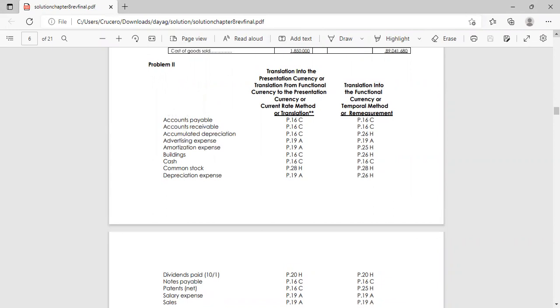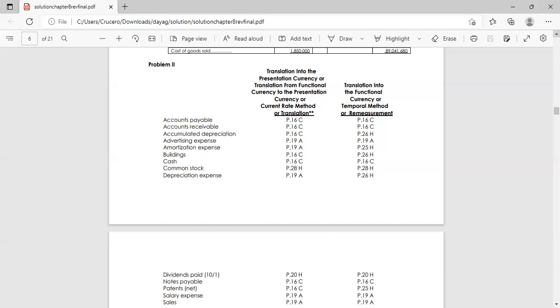But before we take problem number 2, I would like you to refer to page 706 of the book as well as 707, where you'll have the guide for your use of the methods used in the translation process.